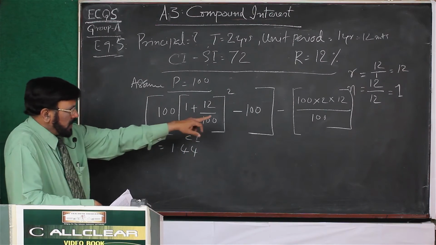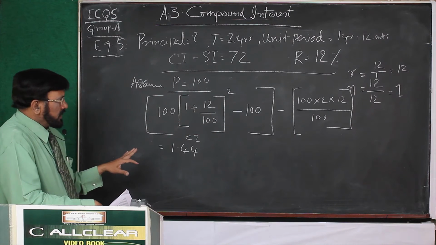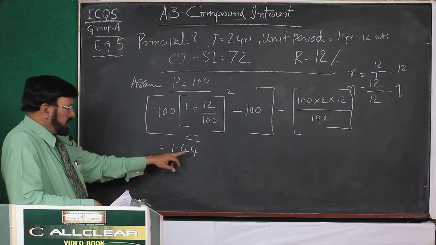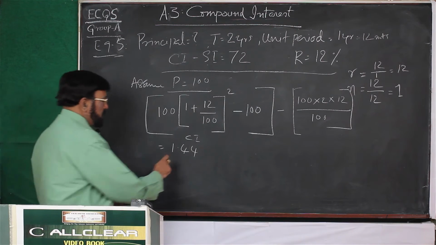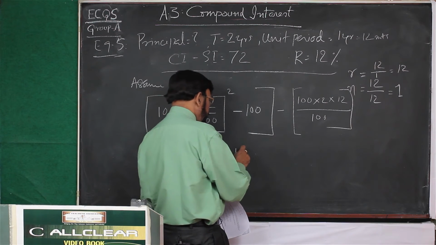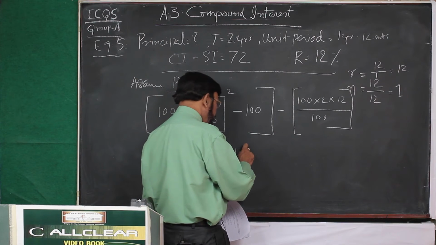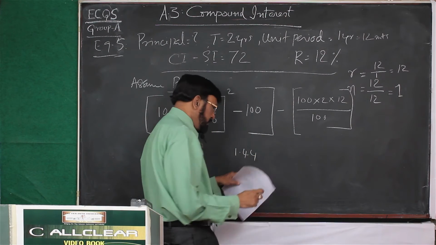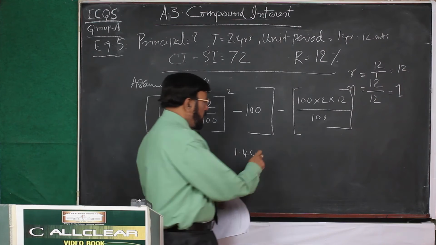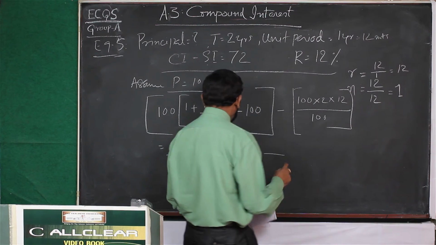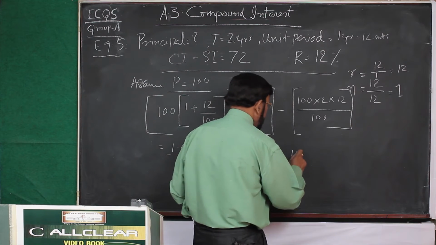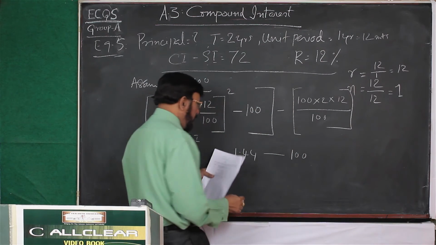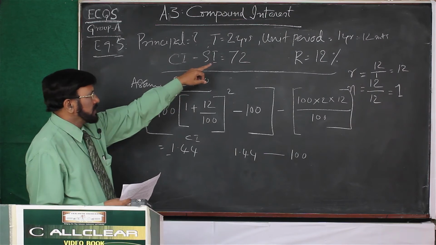1 rupee 44. Now a simple calculation: if the difference between CI and SI is 1 rupee 44, how much is the principal? We assumed it as 100. Now in our problem what is given?